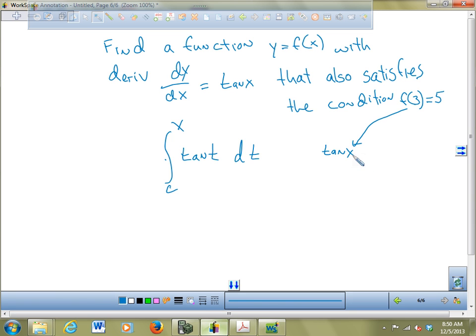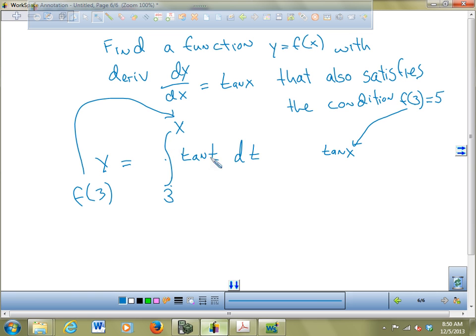But one way I could remedy that is by putting a 3 down here. Then if y equals this, what would f of 3 be? 0, right? Because the integral from 3 to 3 is 0.